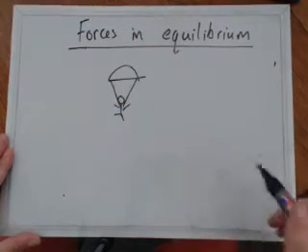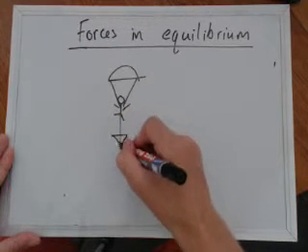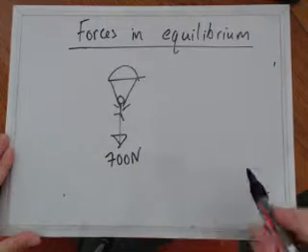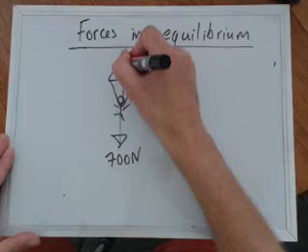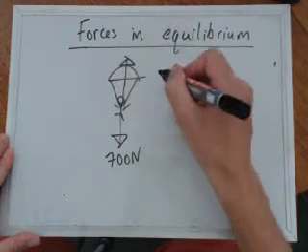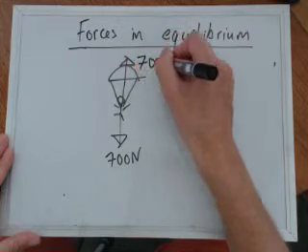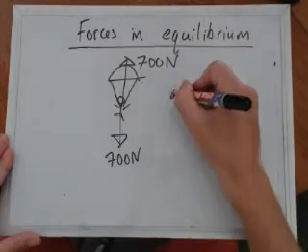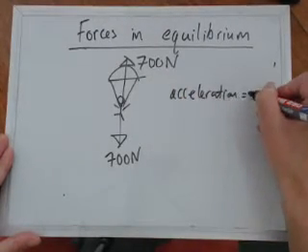Well, if this chap has a weight of 700 newtons and the air resistance acting up due to his parachute, basically when the velocity is greater, its air resistance is also equal to 700 newtons, again the forces are in equilibrium and the acceleration will be equal to 0.